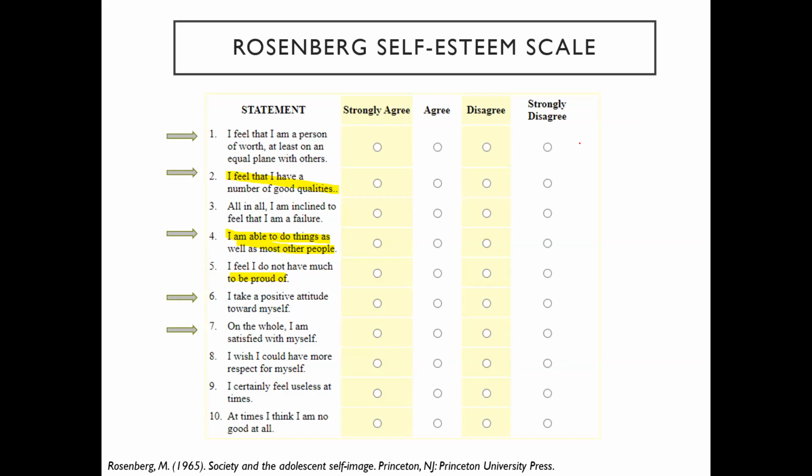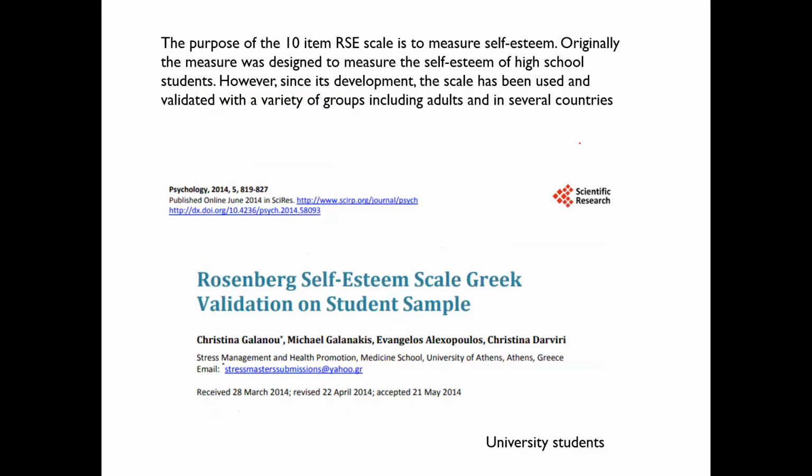So when I was talking about how you need to validate a scale in other populations, for example, this self-esteem scale is to measure self-esteem. It was basically used to measure the self-esteem of high school students, I think in the UK. However, since its development, the scale has been used and validated with a variety of groups, including adults in several countries.